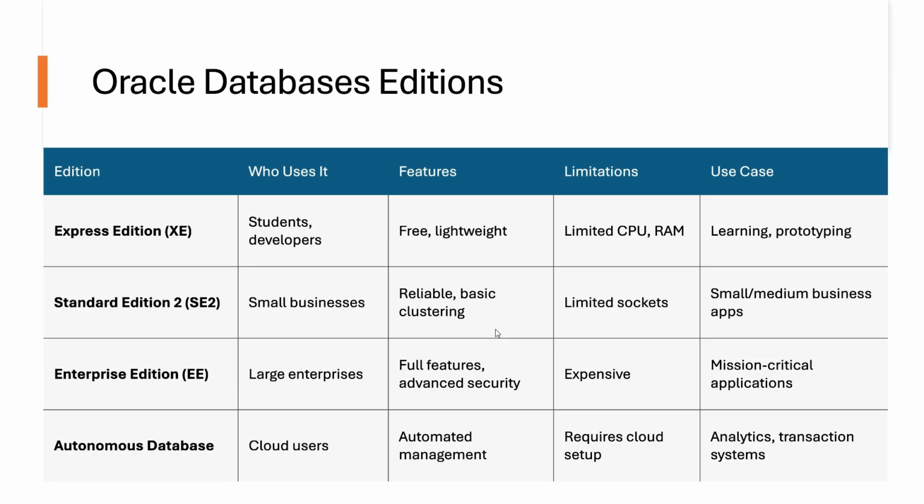From 12c onwards, the Standard Edition was introduced. Before 12c, we only had Enterprise Edition and Express Edition, these two. Later, in 12c, Standard Edition was included, along with the Autonomous Database edition, which is the cloud-ready database. So we'll talk about each edition now.